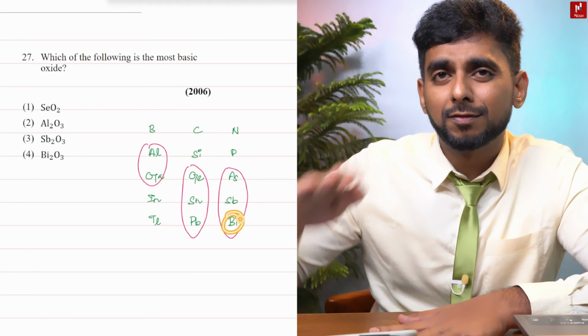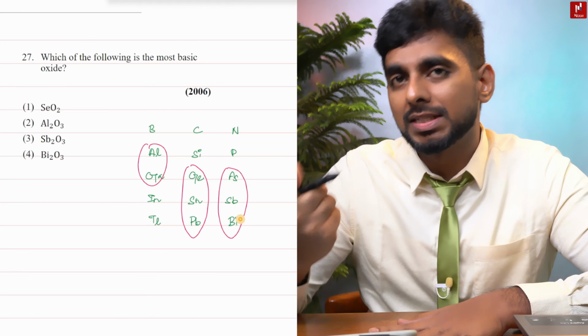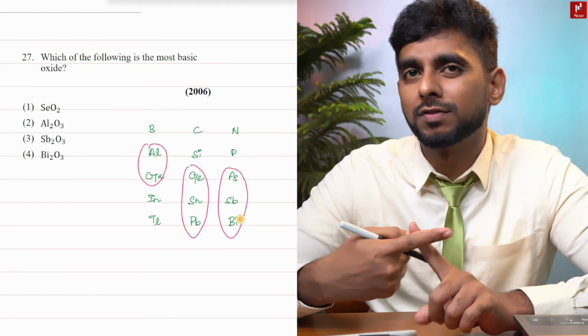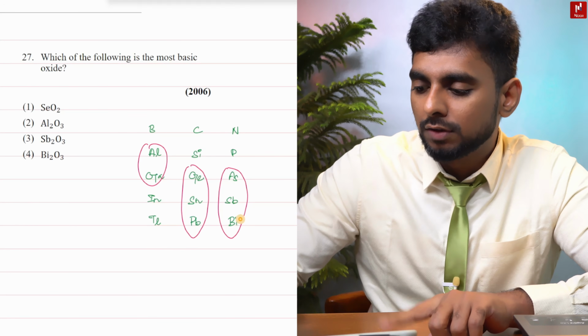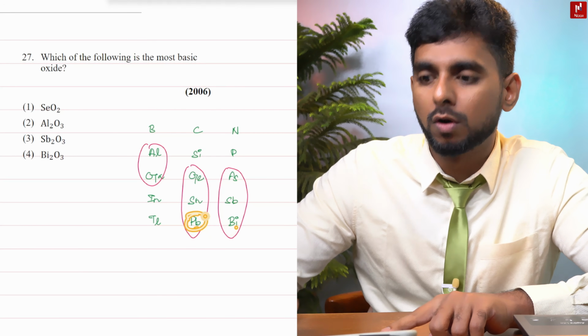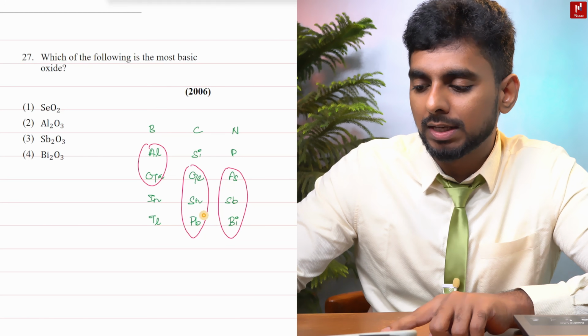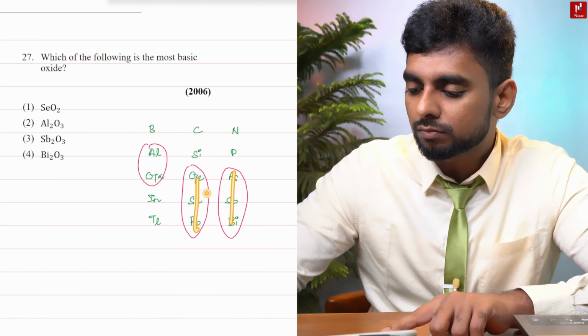Therefore, Bi should have the lowest acidic nature, which means it should have the maximum basic nature, right? So those two will be oppositely related. If they had given you the comparison between lead and bismuth, lead would have the most basic oxide, but here there wasn't any comparison between these two series.